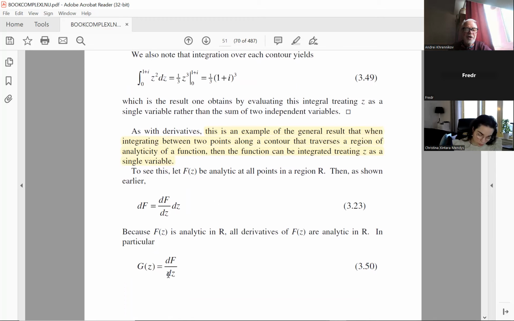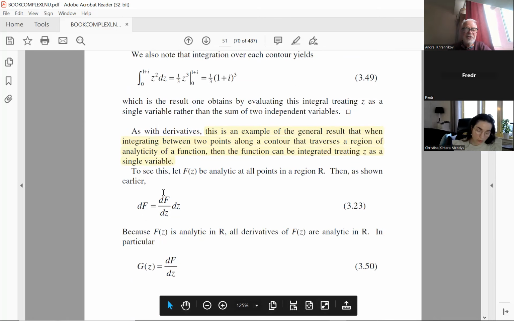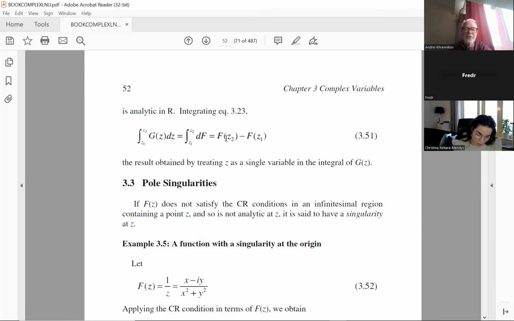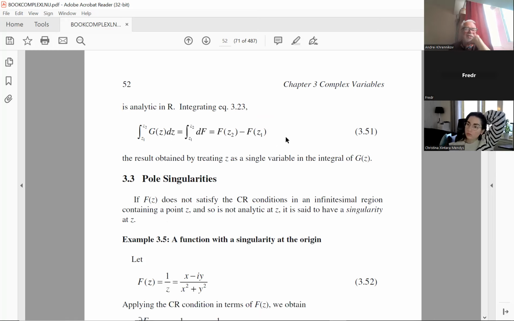Suppose we have this function, which is the derivative of f, and then you use this integration formula. If you have df and g of z is its derivative, the integral is f of z2 minus f of z1, as you did in your first course of real analysis of one variable. So, for example, if you want to integrate z to the n and so on.